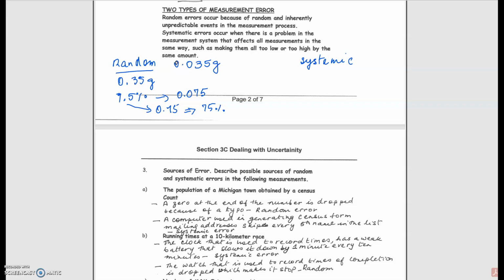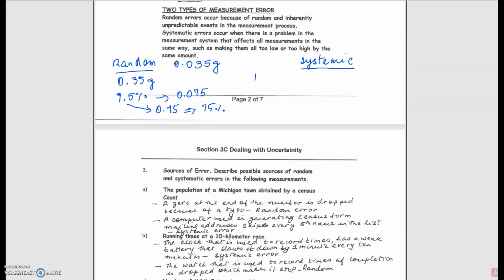Now, what is a systemic or systematic error? Let's say you depend on the clock in your student lounge to get into your next class, and it consistently shows 5 minutes slow.